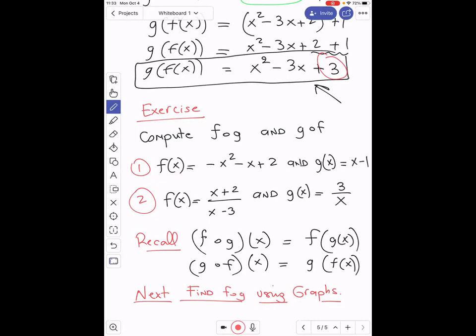But number one, Matthew, I think you forgot the minus one. Jamie, you're saying for the first one, minus x squared plus x minus one.